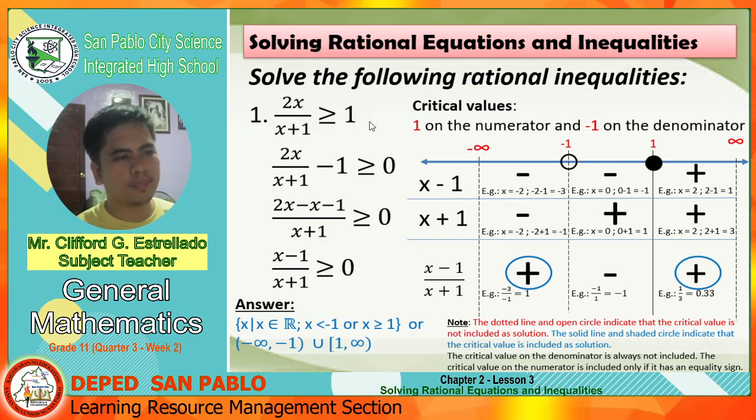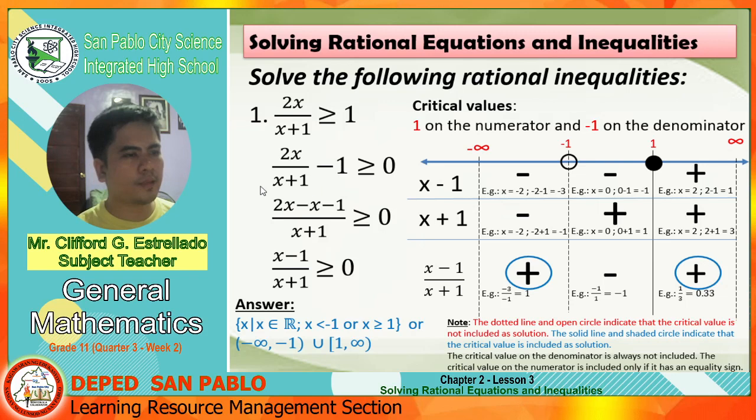So we have 2x over x plus 1 minus 1 is greater than or equal to 0. Then, we do not yet have a single fraction on our left side since we have two fractions, 2x over x plus 1, and 1 over 1.